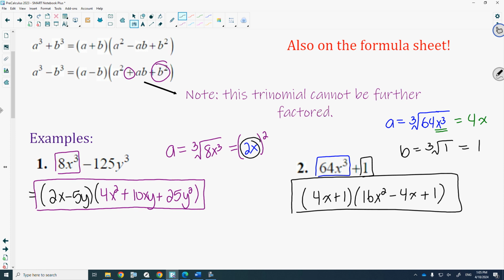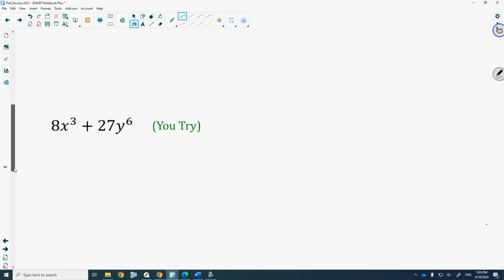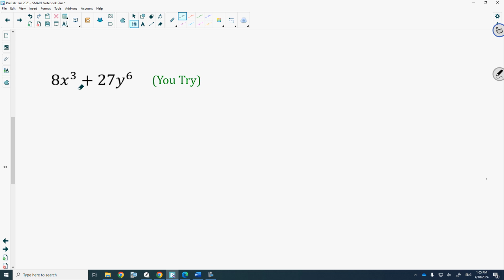Okay. What I would do is pause the video and try this one on your own. And then you could unpause it and see if you get the right answer. So this is going to be a sum of cubes. So we need to identify what A is. A is going to be the cube root of this first term. Cube root of 8 is 2. Cube root of x squared is x.